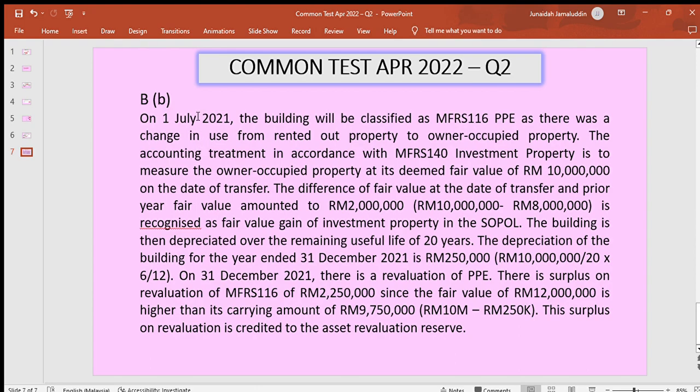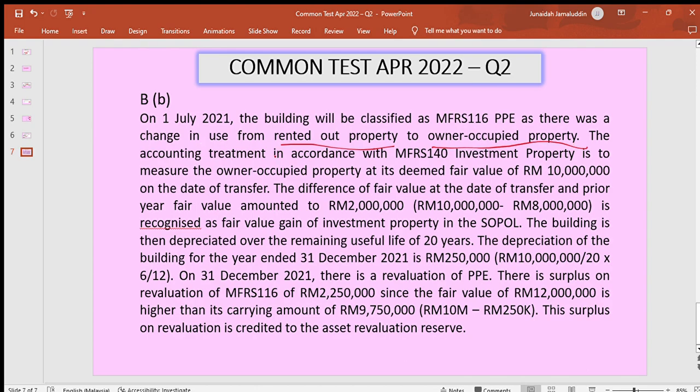On 1st July 2021, the building will be classified as MFRS 116 PPE as there was a change in use, or as there was a transfer from rented out property to owner occupied property. So you have to mention that there was a change of use or transfer on 1st July 2021, from rented out property or investment property to owner occupied property.